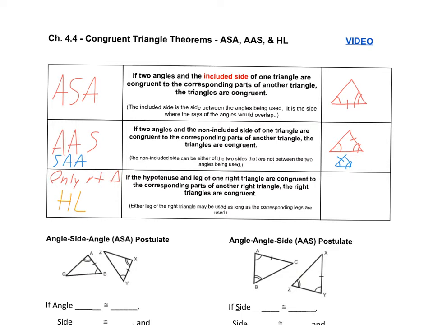Now note folks, this is only for right triangles, partially because in right triangles we already have a known angle. So this is going to be kind of like our side, angle, side congruency from previously, but only for right triangles. Such that if we have a right triangle and the hypotenuse as well as the leg are congruent, then the triangles will be congruent.